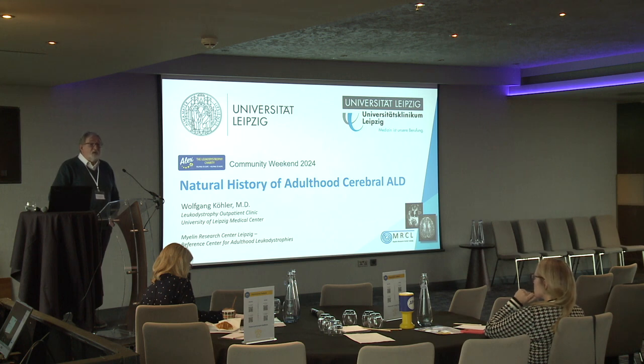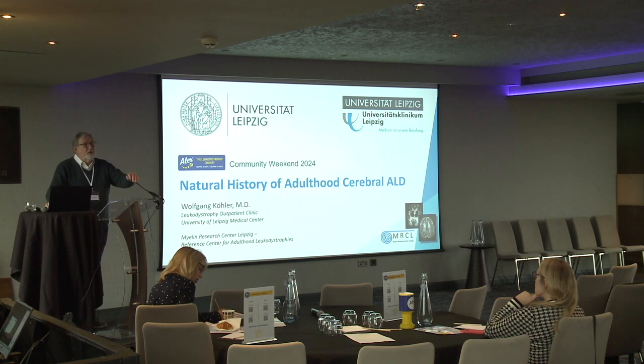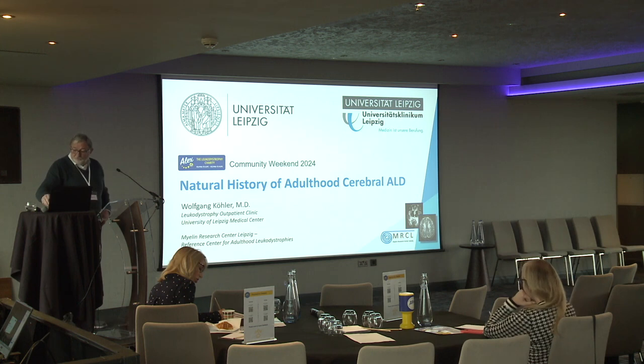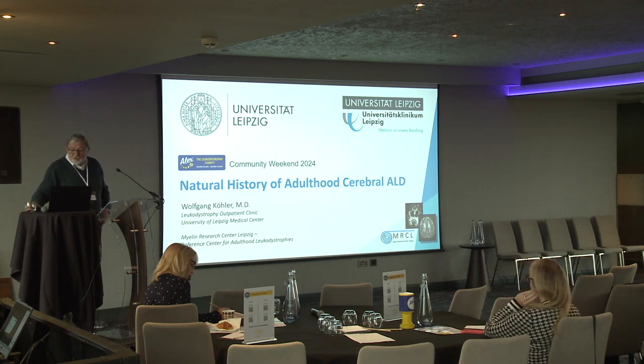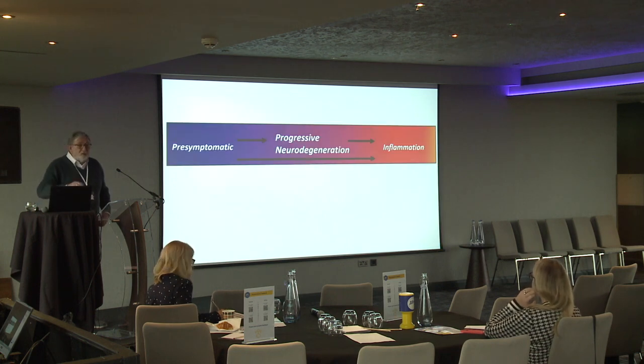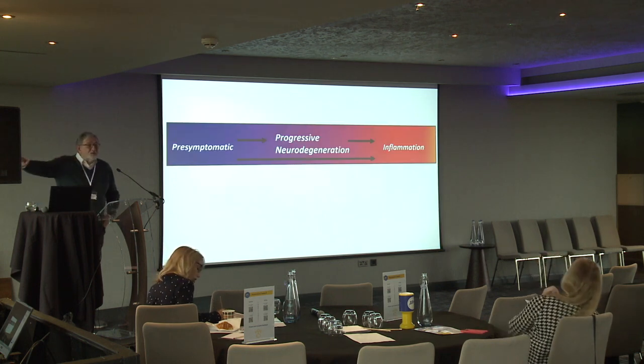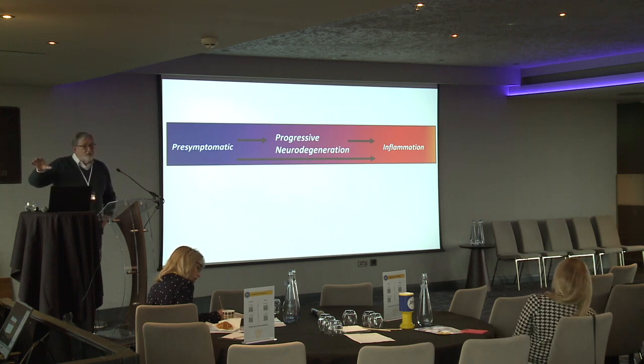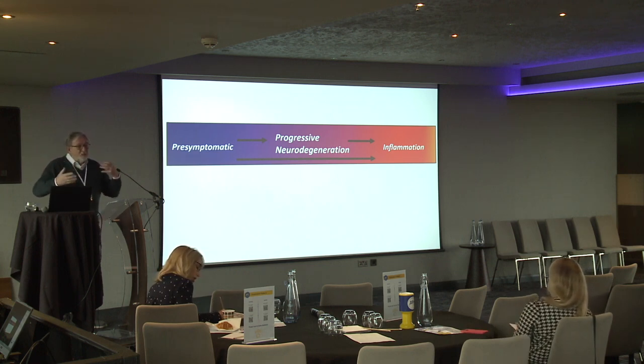And so we see all these varieties of phenotypes. But what is common in all of these phenotypes is a chronic progression of disease, which we also call neurodegeneration. So there's a progressive neurodegeneration, which is common in all of these clinical presentations of adrenoleukodystrophy.